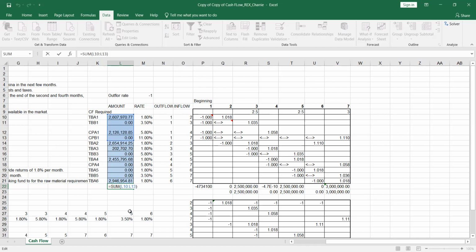Sige, enter mo. Iba tayo. Bakit 4.7 million? Parang that's too low. 2 at saka 2, 4 million. May I see your formula sa Q22? Okay, tama. Sige. Enter mo.